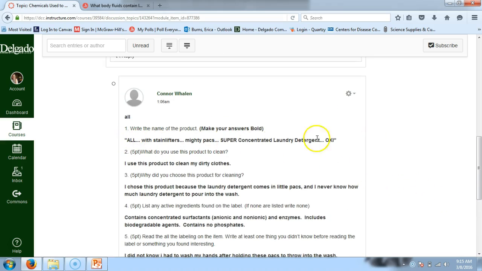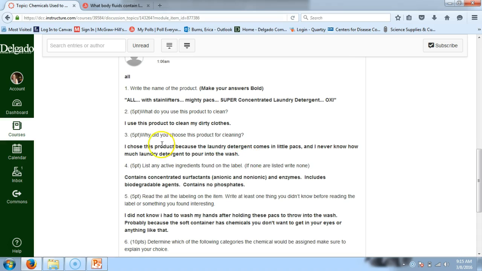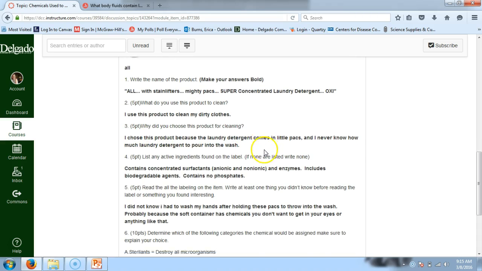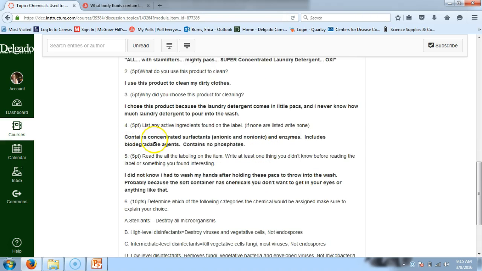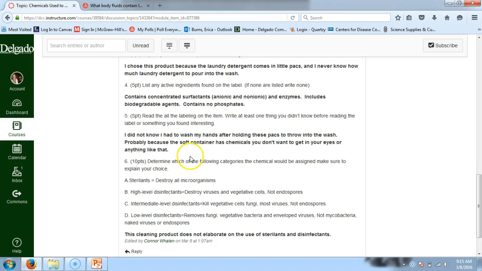So what the product is, right? And then what you use it to clean with. Why did you choose this product to clean? List any active ingredients, right? So look, enzymes and such. But are we disinfecting? Probably not, right? So you've got to determine.